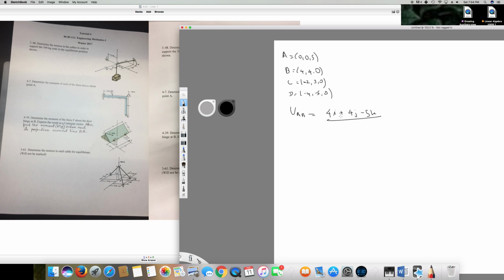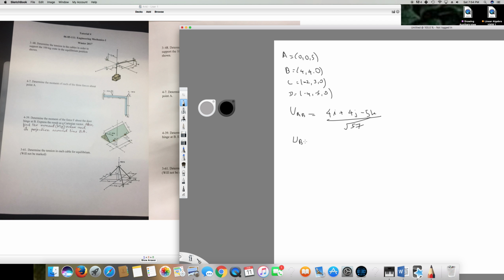So it's going to be 4 squared plus 4 squared plus negative 5 squared. Negative 5 squared becomes positive, because a negative value squared is a positive number. So 16 plus 16 is 32, 32 plus 25 is 57. So it's the square root of 57. That's my U_AB.